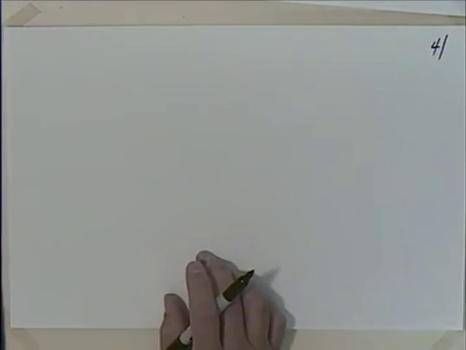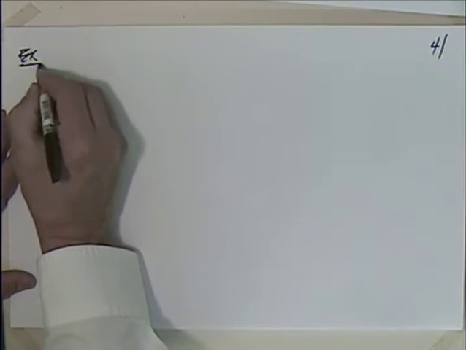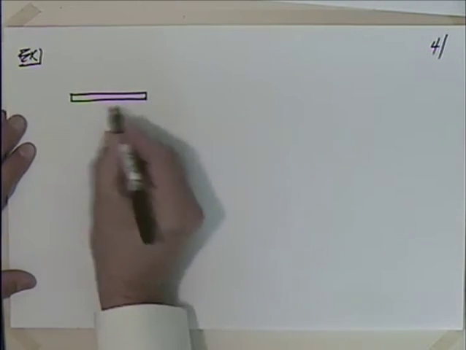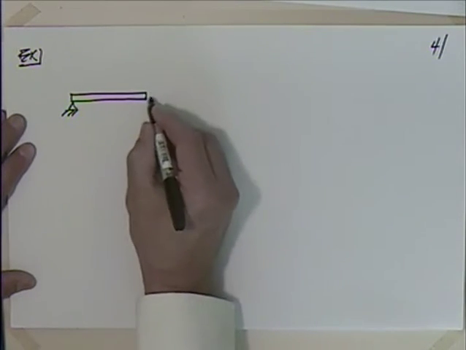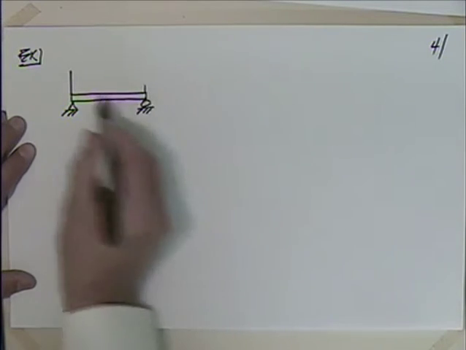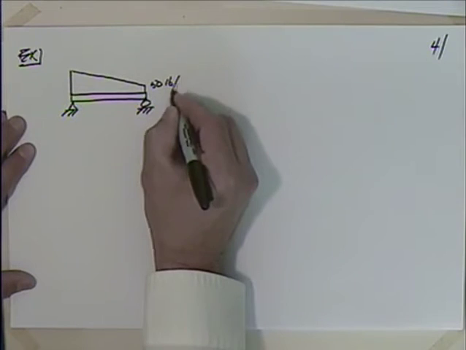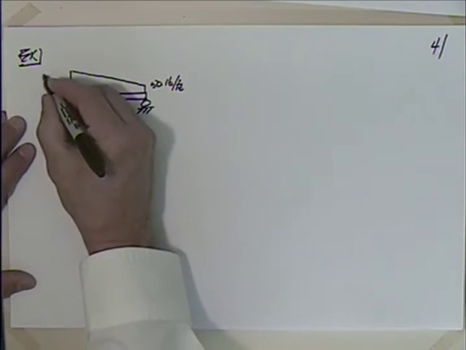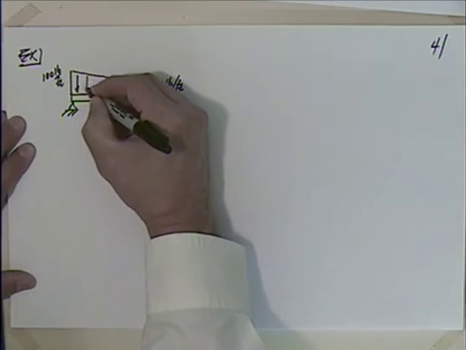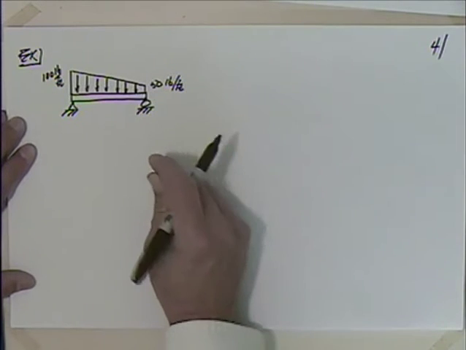And this one's going to be a trapezoidal load. And I'm going to say that it goes like this. It goes from 50 pounds per foot back up to 100 pounds per foot, like that.